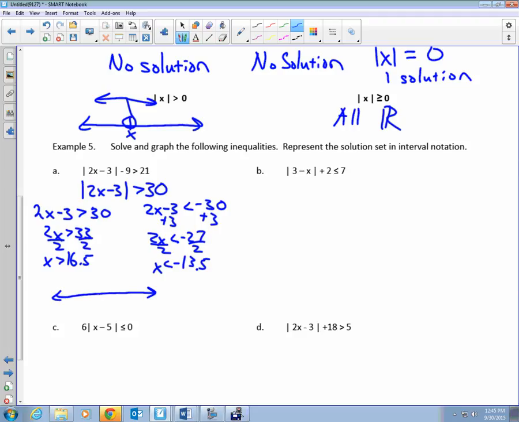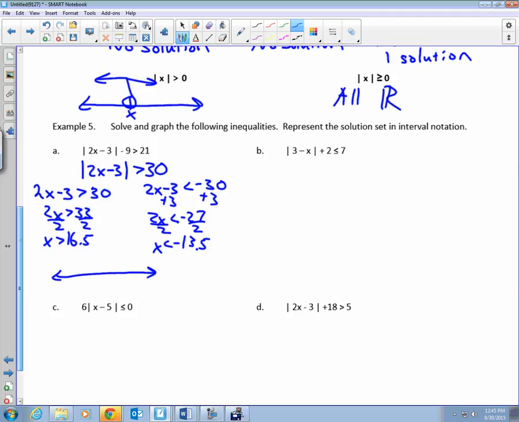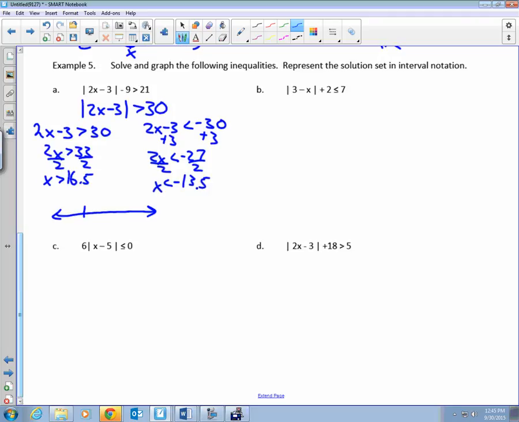It says to graph and represent the solution in interval notation. So you can see from our work that we should have a disjunction: x is less than negative 13.5 or x is greater than 16.5. And sure enough, our graph matches accordingly.